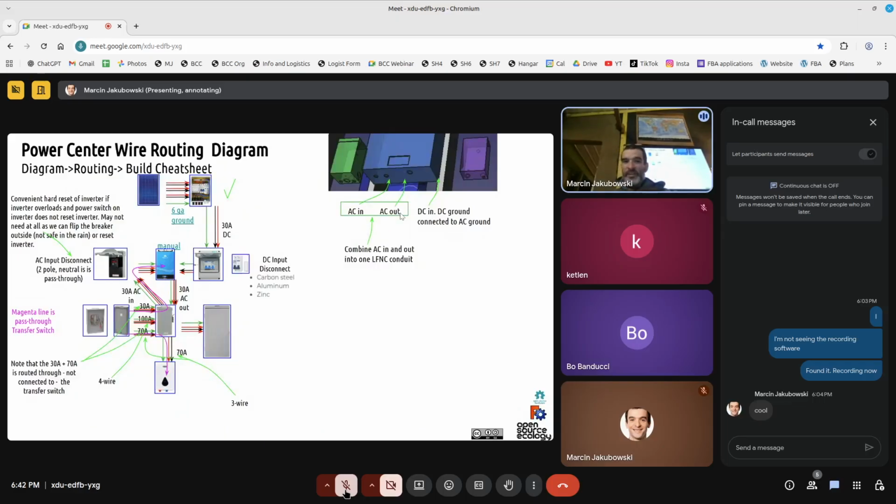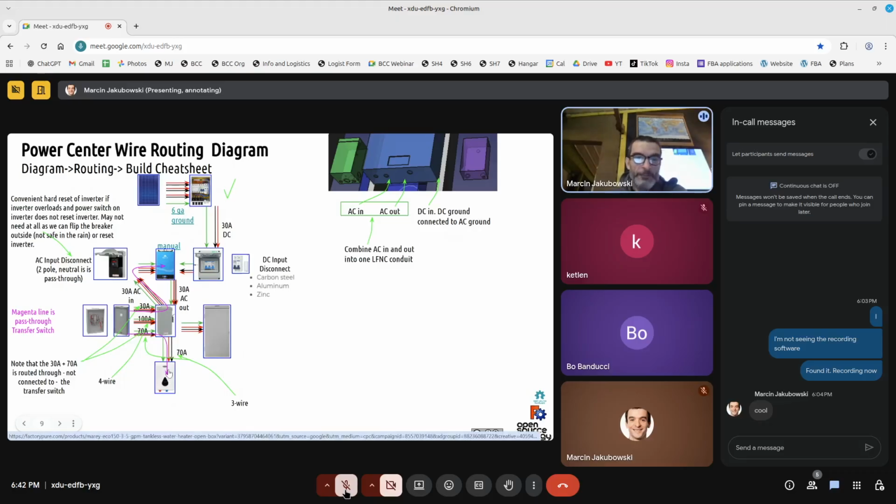As far as the photovoltaic system, here's a diagram. This is actually all the components that we're going to install in the current build. So you go from the photovoltaics to a photovoltaic combiner to a DC disconnect to the inverter. You have a transfer switch that feeds an interior breaker box.